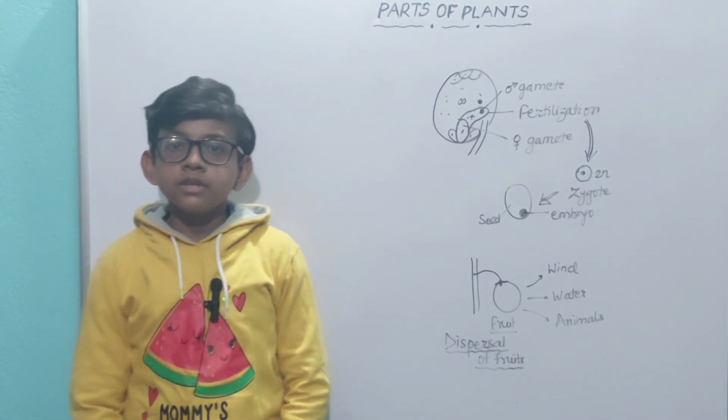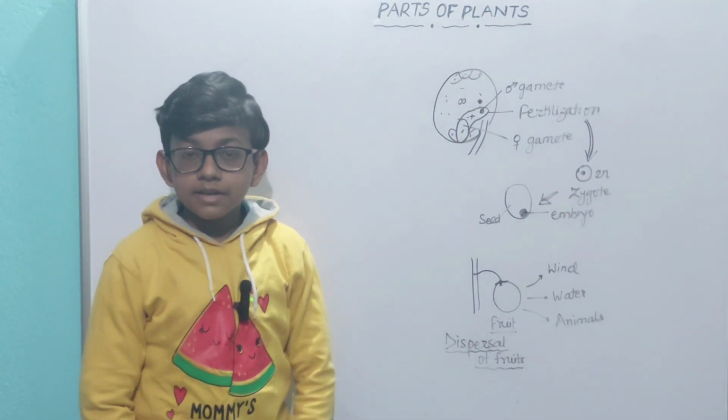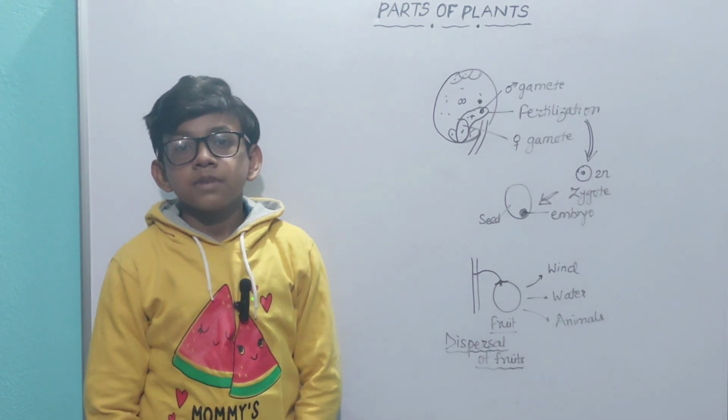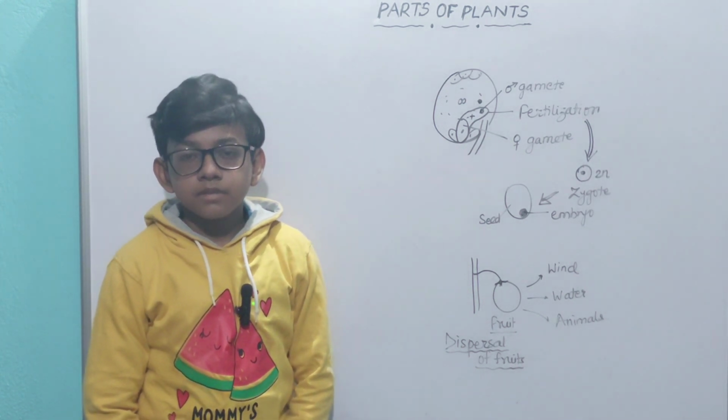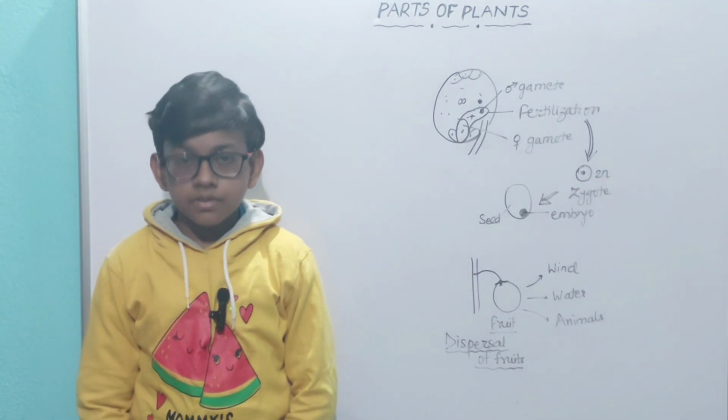So, in this video, we have studied about different parts of plants, that is roots, stems, branches, leaves, fruits, flowers, seeds. Now, let's know about some curious facts.